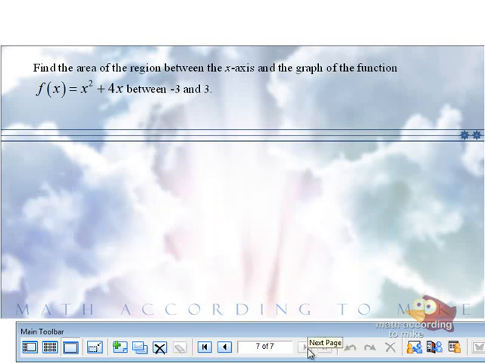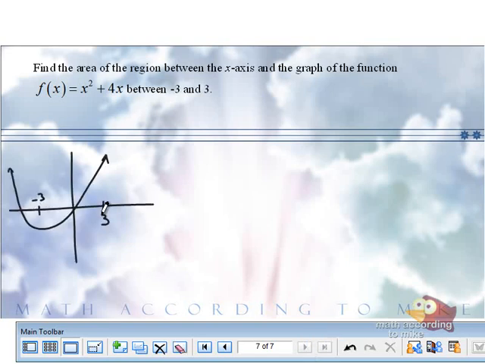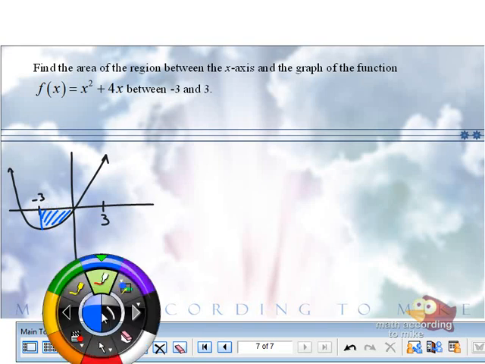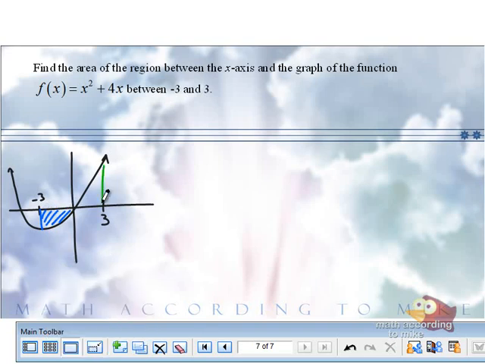Find the area of the region between the x-axis and the graph of the function between -3 and 3. So as far as a crude graph, that's what our graph looks like. We need to find this area here, which we just did, and this area.